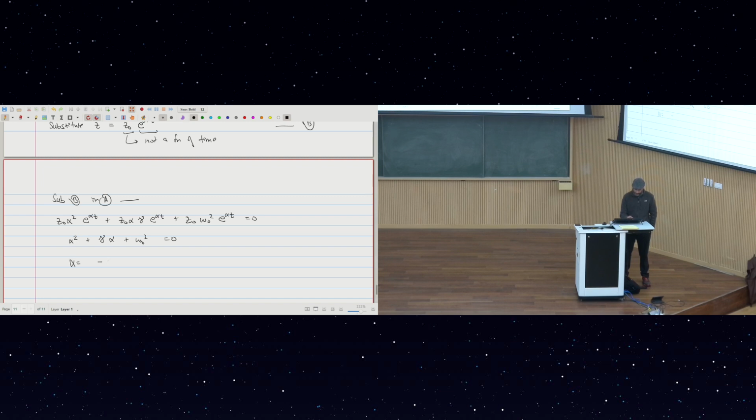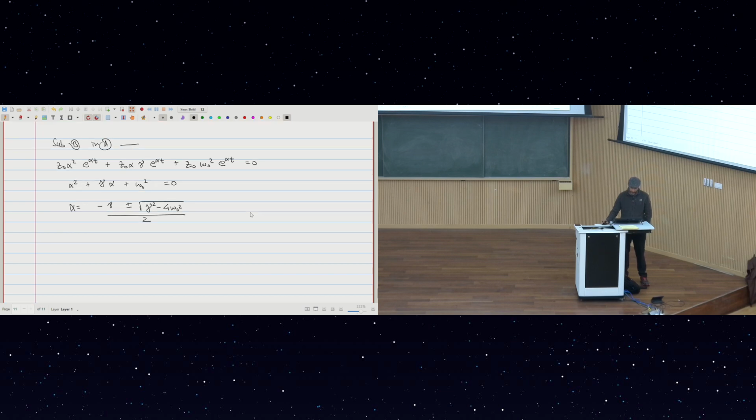So alpha is minus gamma plus minus root the discriminant, which is gamma square minus 4 omega naught squared, upon 2. This is the solution for alpha. So we have two roots here.